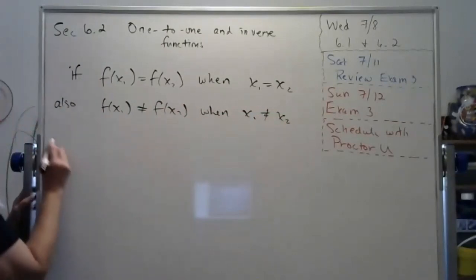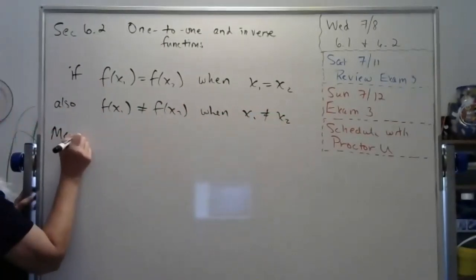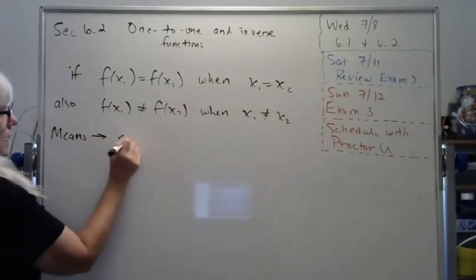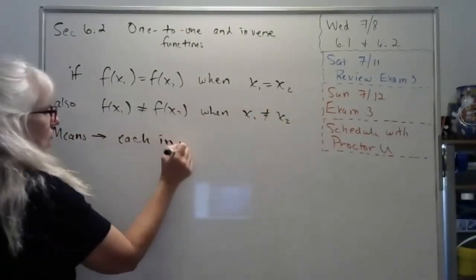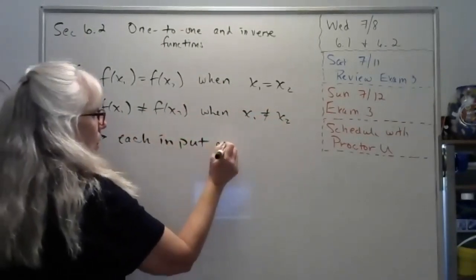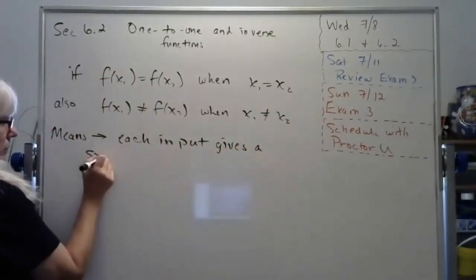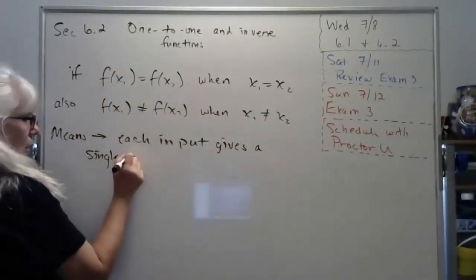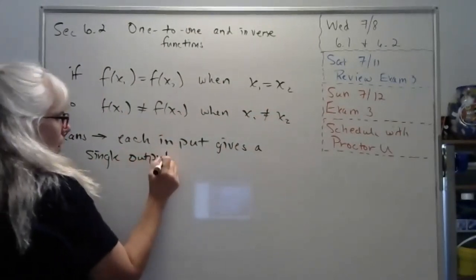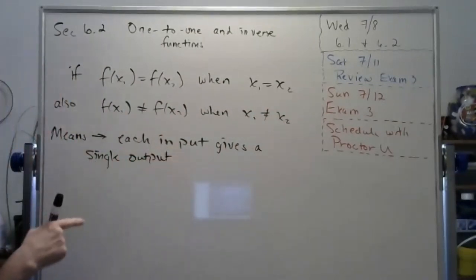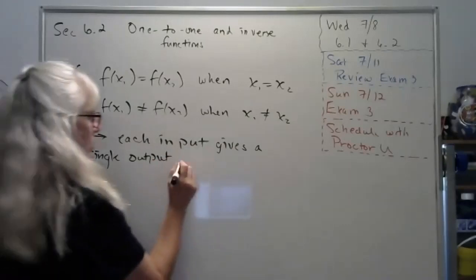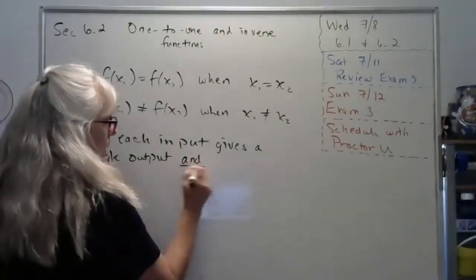What this means is that each input gives a single output. Okay, well that's the definition of a function. But what we're going to add on here is really important.